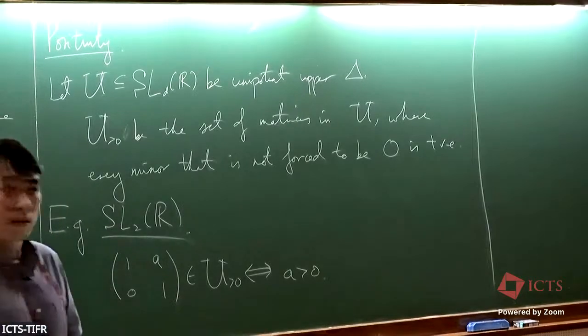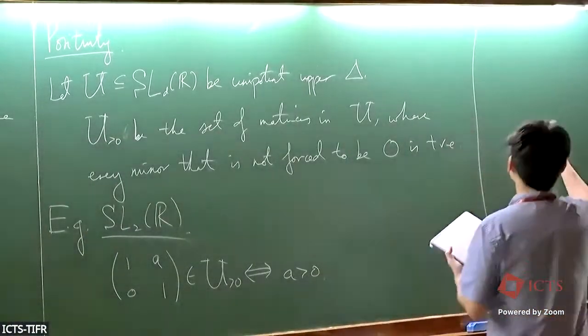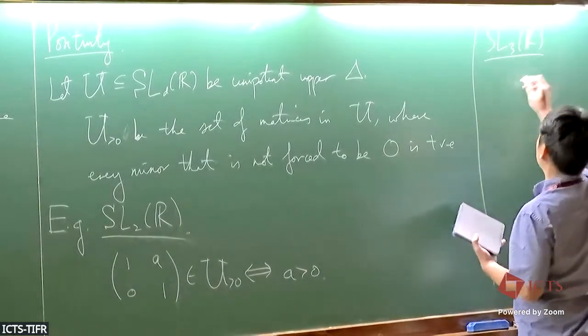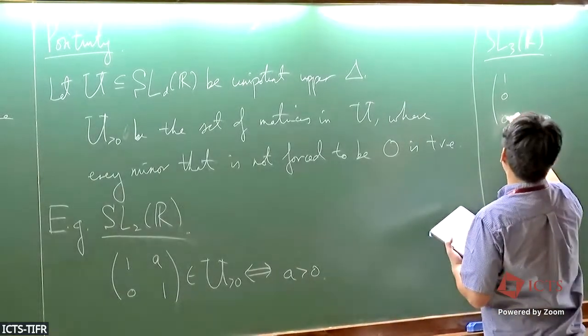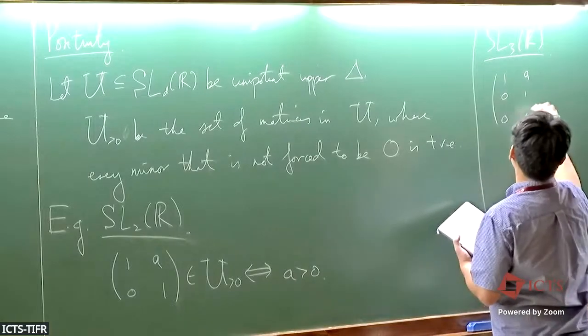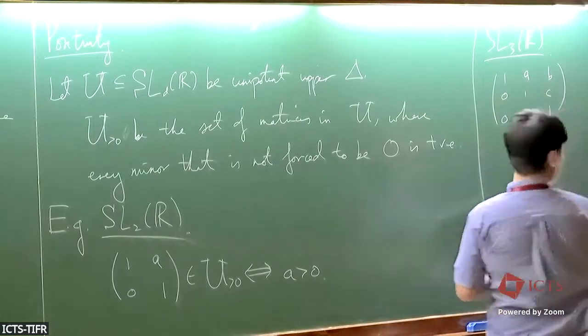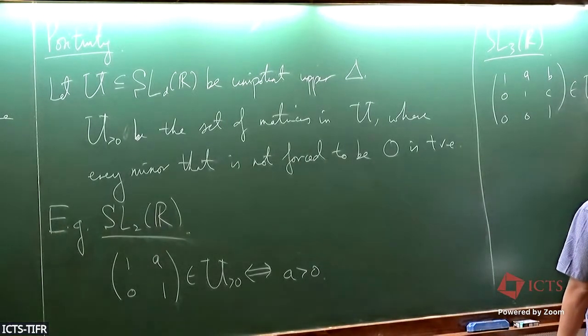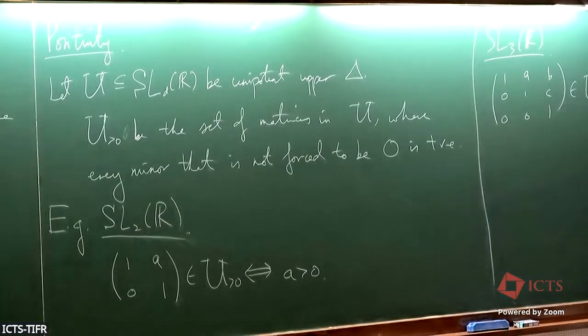Now let's look at SL3. I do the same thing: I take an upper triangular unipotent matrix. What does it mean for this to be in U greater than 0? Let's go through it. Again, we look at the 1 by 1 minors.